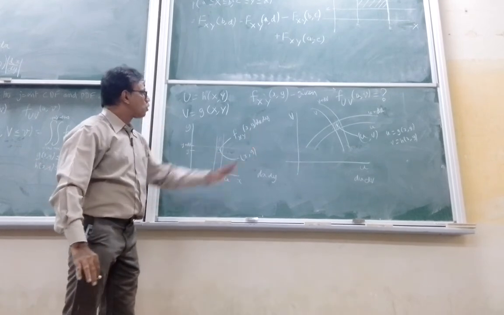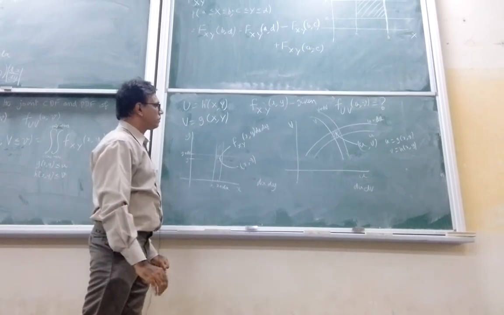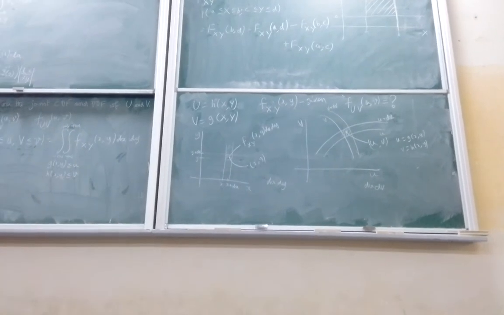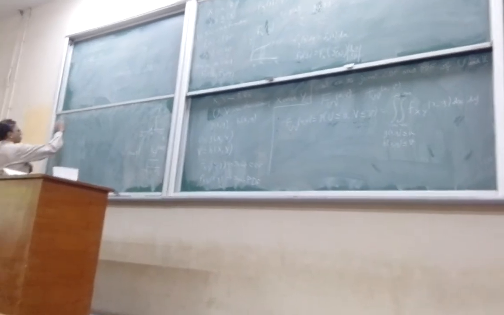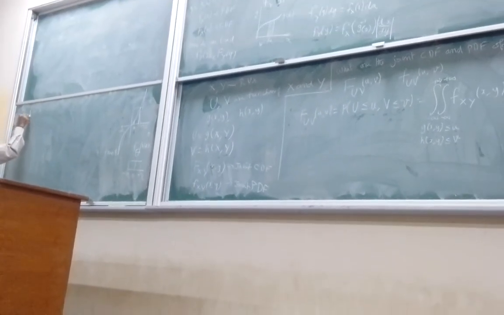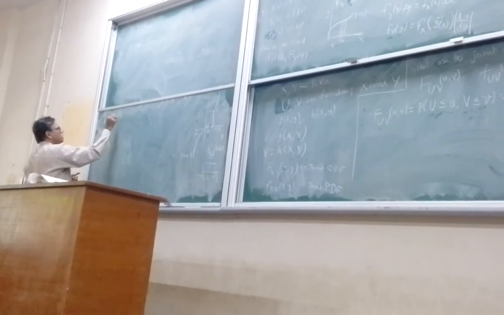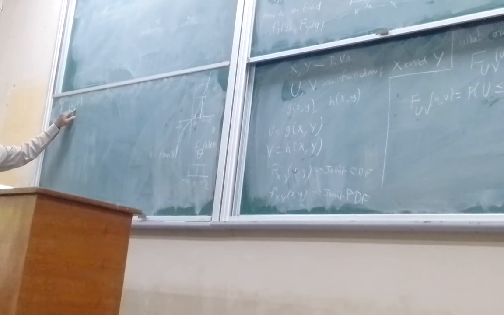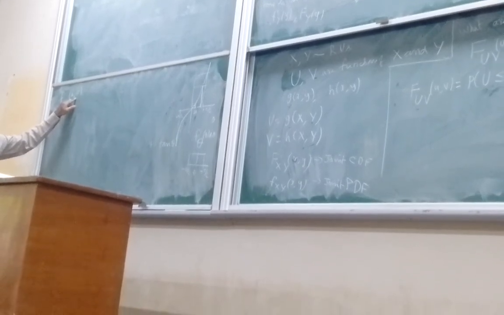So to find that, what we have to do is, given for example f u v of u comma v is being asked, you have to find the pair of x comma y which will map to this u v.